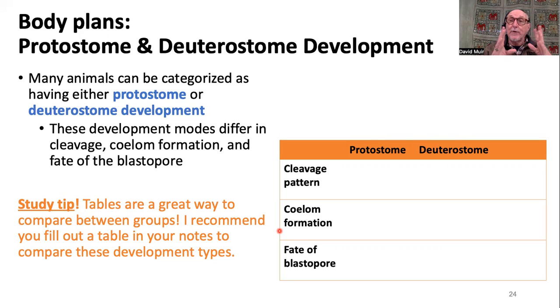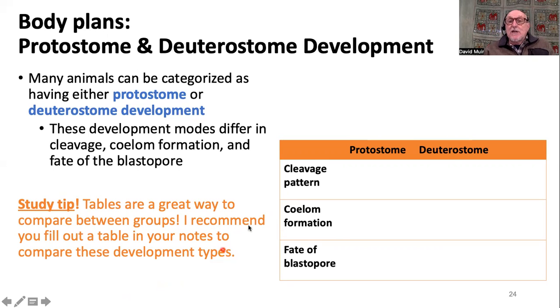And these are the protostomes and the deuterostomes. And along with the difference in the origin of the coelom goes a difference in early embryonic development, and a difference in the fate of the first hole that we saw called the blastopore.